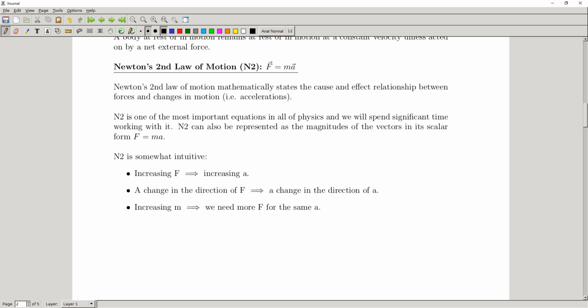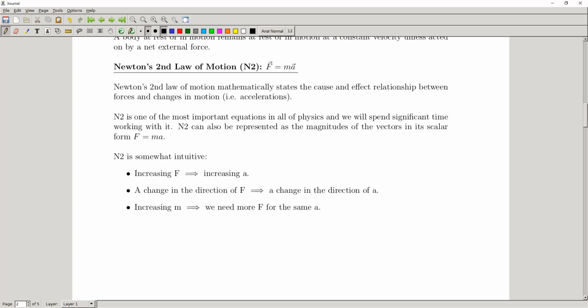A change in the direction of our force, so if F starts pointing in a different direction, is going to change the direction of A, right? So as F points in a different direction, then A has to point in that same direction. Increasing M will mean that we require more F to keep the same A, right? So increasing the mass will mean that we require more force to keep the same acceleration.